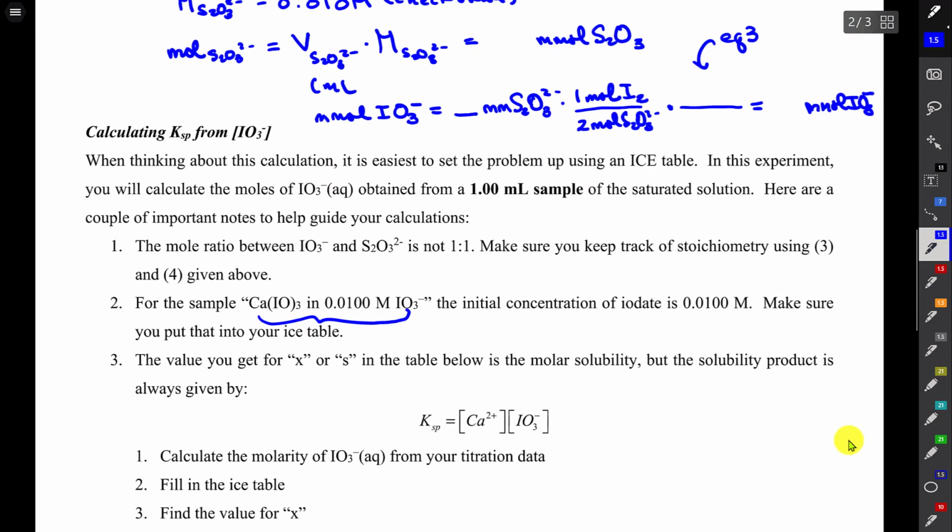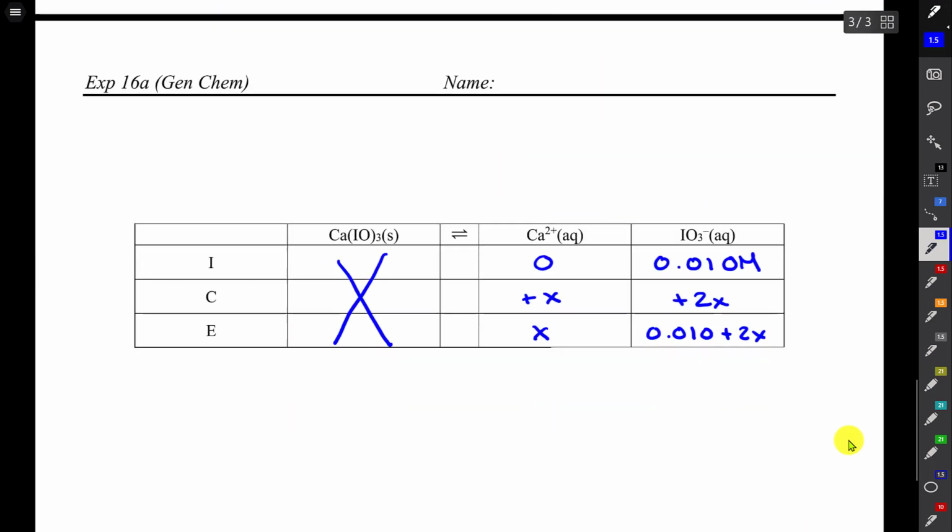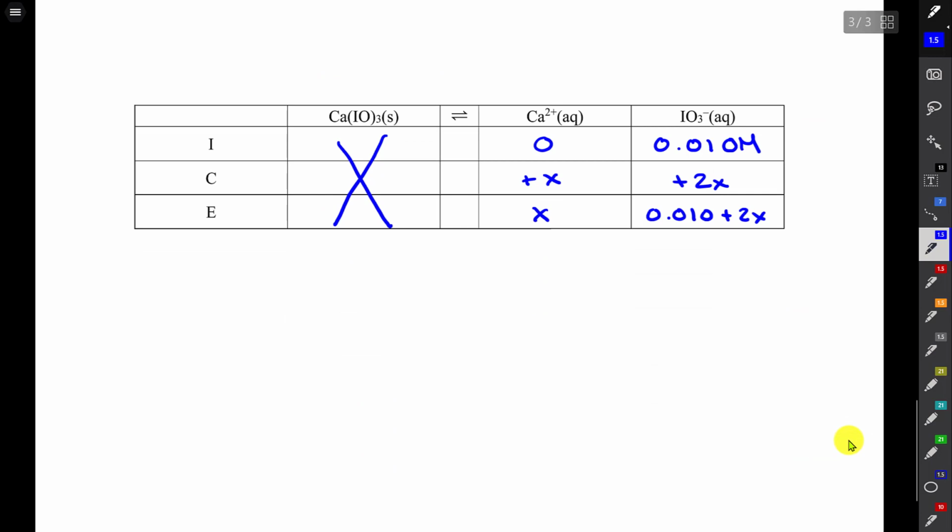But here's what you'll find out, or hopefully find out. When you do this calculation, the molarity of iodate that you calculate, as we did for the previous sample, now is equal to 0.010 plus 2x. The value for x, you need to solve for.